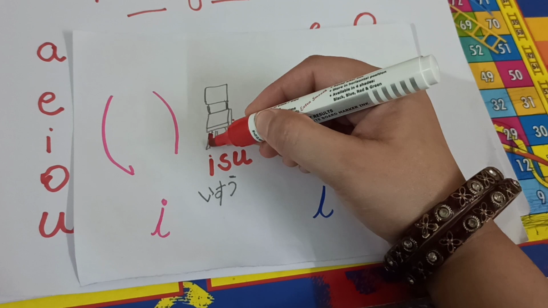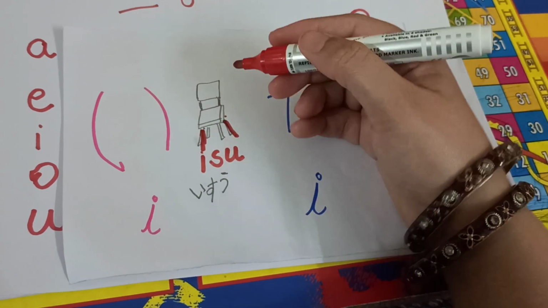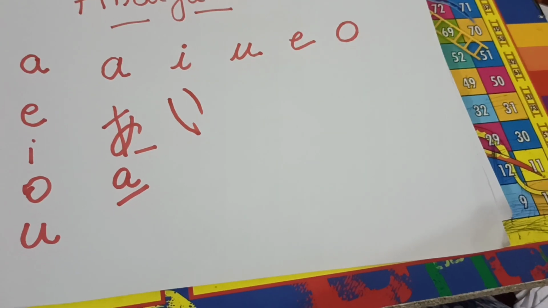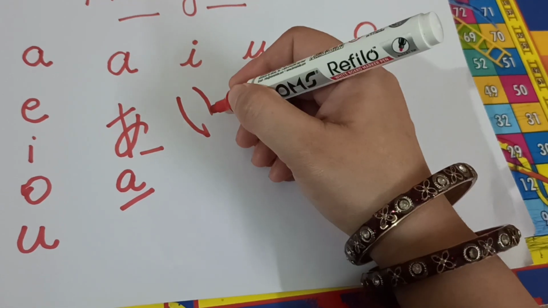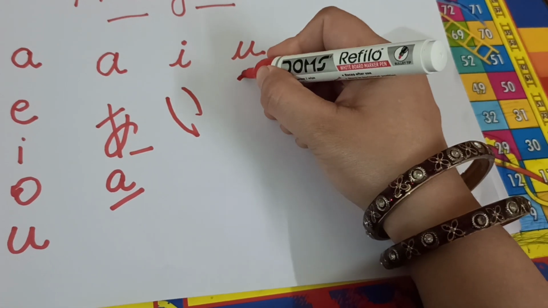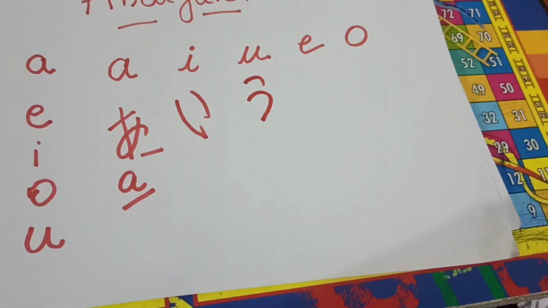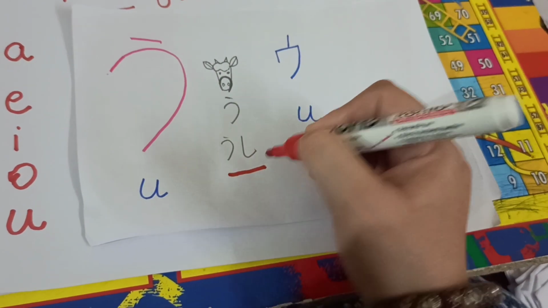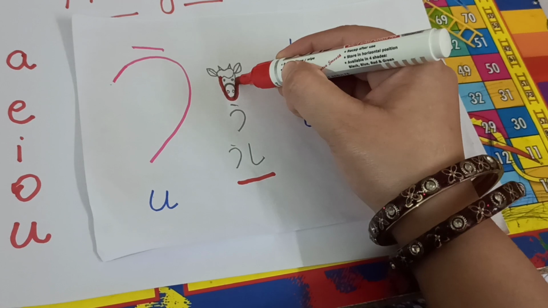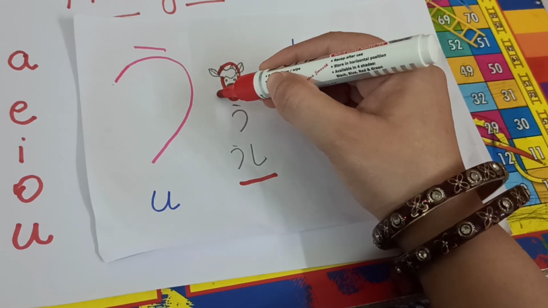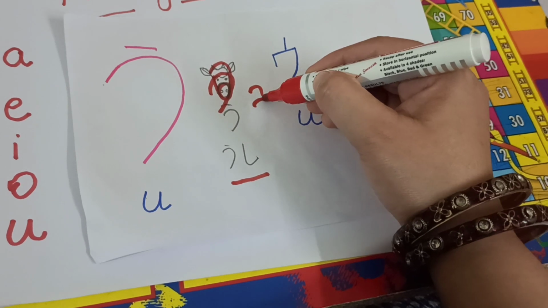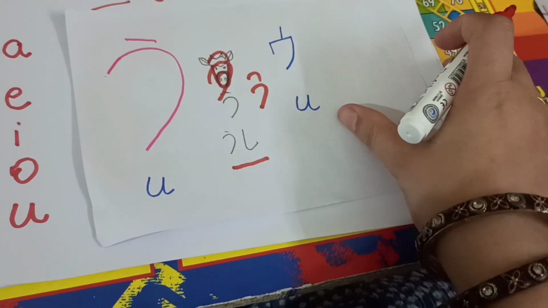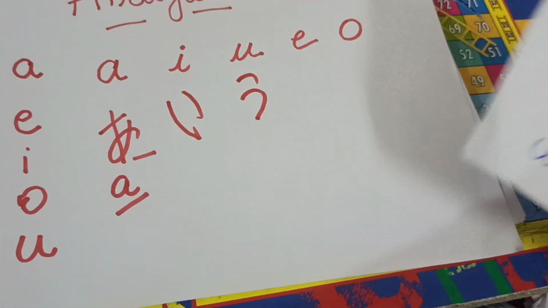The two stands of a chair are like I. The third one is U. Ushi means cow in Japanese. It is like U. You can say the half face of an ushi is U.